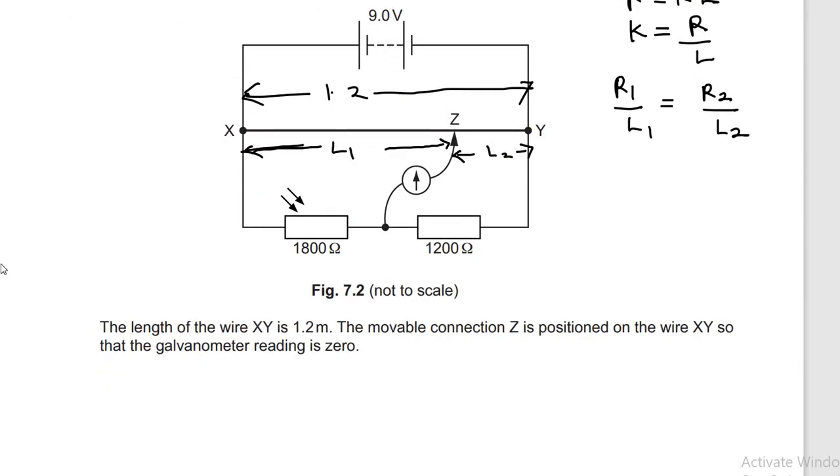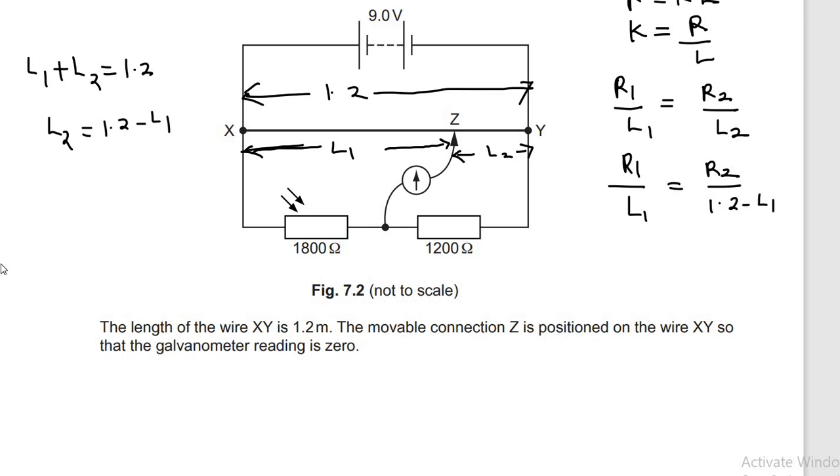Remember that L1 plus L2 gives us 1.2, so L2 is 1.2 minus L1.